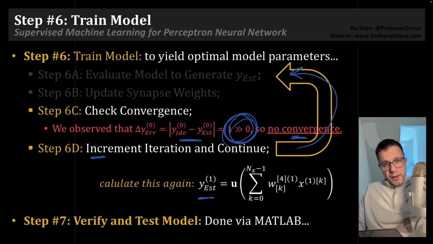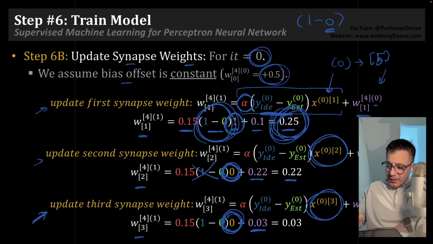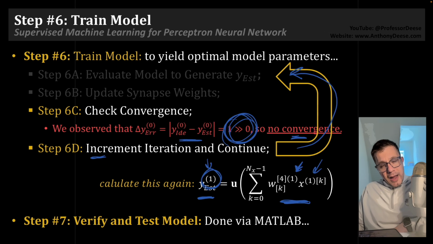And this is a preview of what step 6A would look like, where we would recalculate this estimated value, but now for iteration 1. Using the same equation, except now we use the updated synapse weights, right? The ones that we calculated right here, here, and here, as well as a new set of inputs.